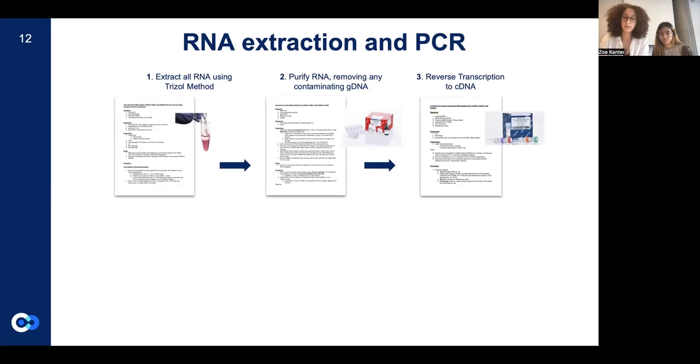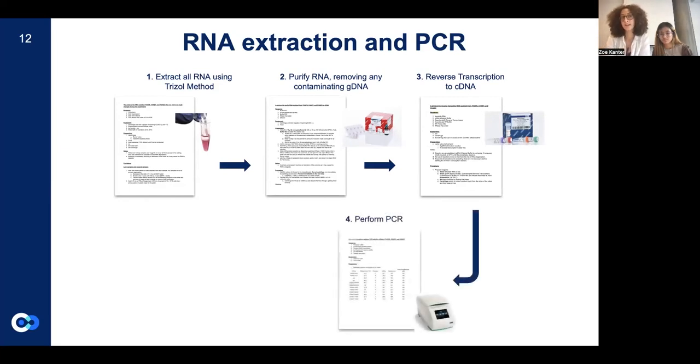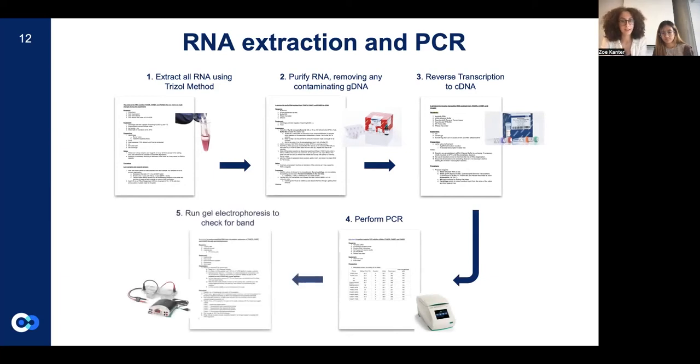And this is important because PCR, which is the next step, needs it to be DNA, not RNA. So then we performed PCR using primers that we had designed using NCBI Primer Blast. And finally, in order to see our results, we ran gel electrophoresis.